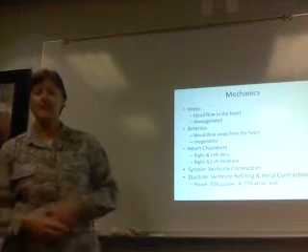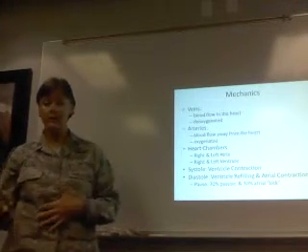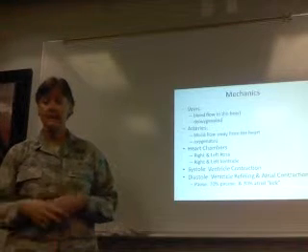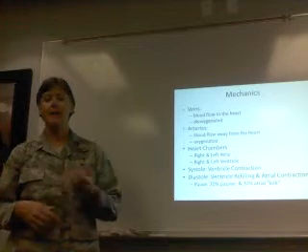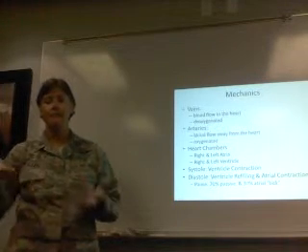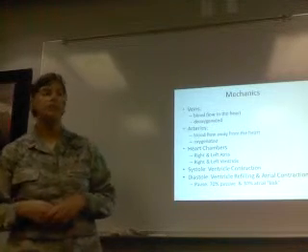Okay, so we talked about veins, and veins flow towards the heart, and they contain deoxygenated blood except for one vein. We'll talk about that in a second. Then we have the arteries, where blood flows away from the heart, and they contain oxygenated blood.